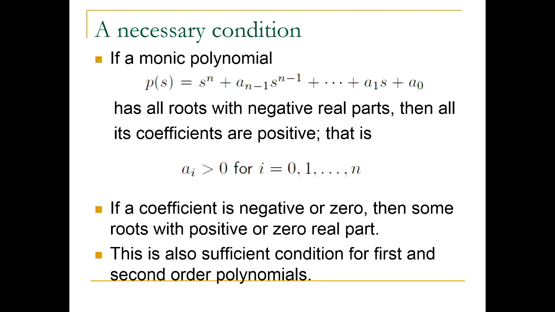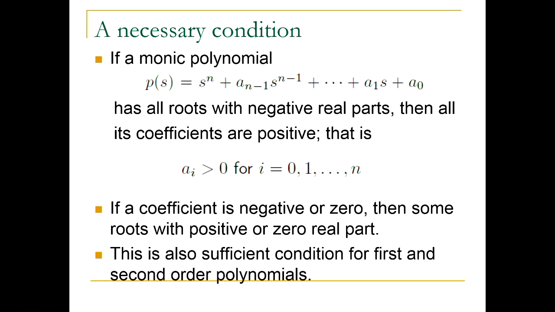What would be a necessary condition? Well, it's interesting. There's a very simple necessary condition for arbitrary monic polynomials. Basically, if the system is stable, then the polynomial corresponding to the system would have to have all its coefficients strictly positive. If there is a single coefficient that's 0 or negative, the system cannot be stable.